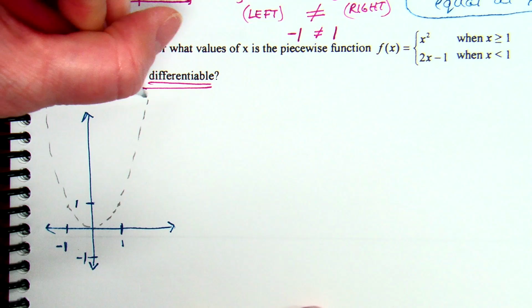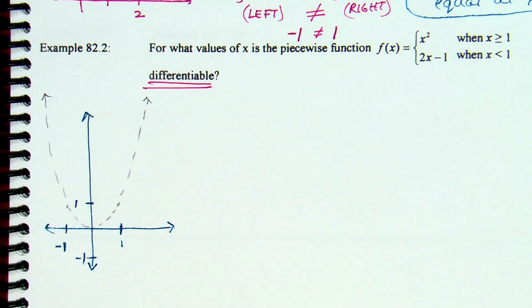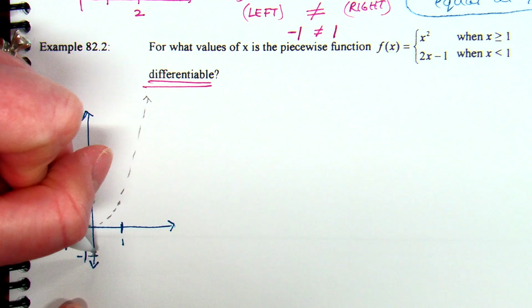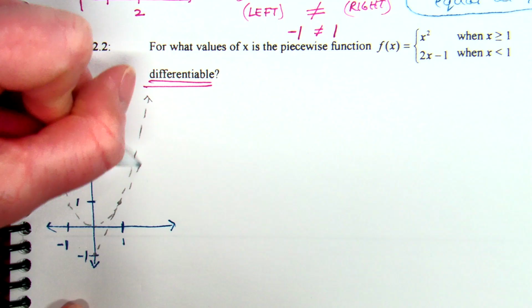That's just my penciled in parabola there. What is the line 2x minus 1? Okay, has an intercept of negative 1. Goes up 2 over 1, which means when it goes up 2 over 1, it's also going to go through the point 1, 1.